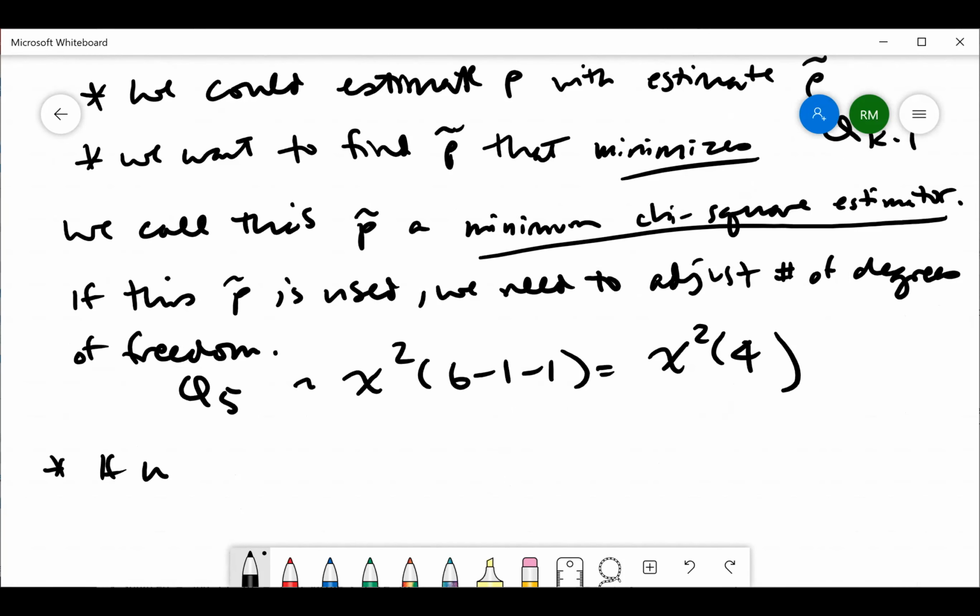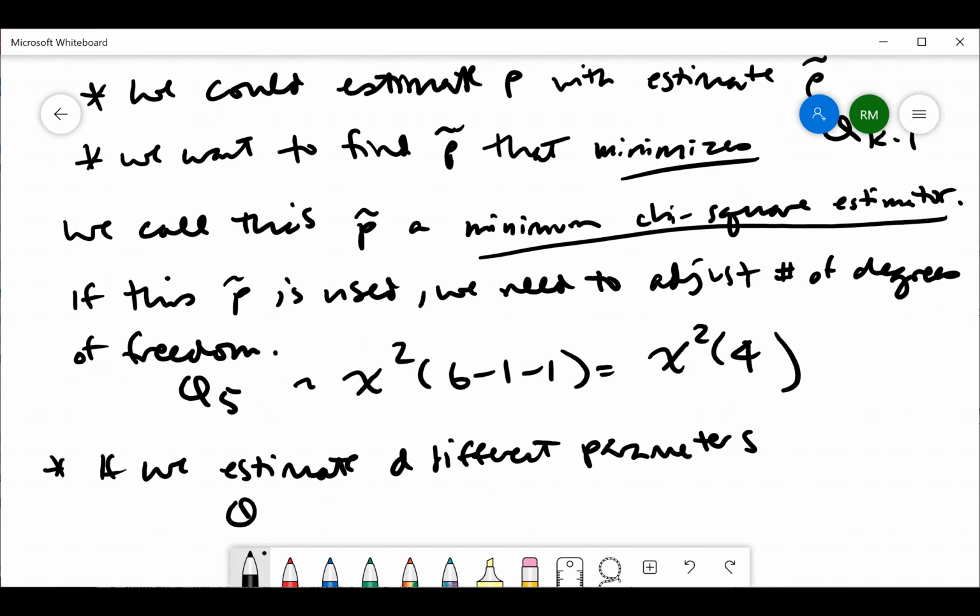Note, if we estimate d different parameters, our Q sub k minus 1 is chi-square, where we reduce the degrees of freedom by d.